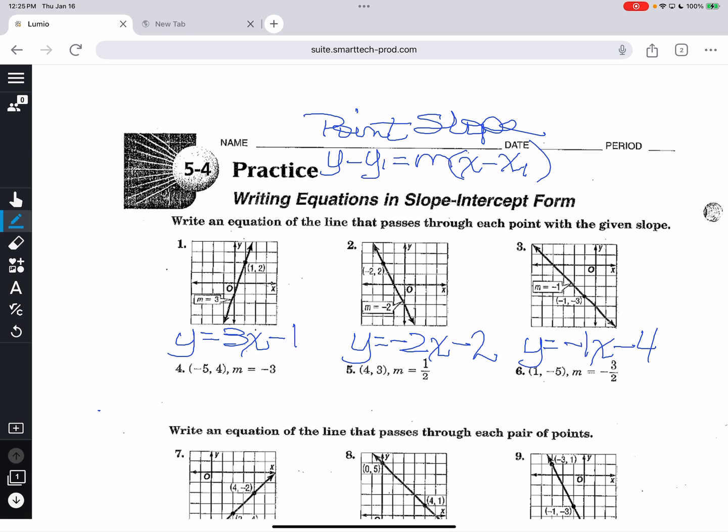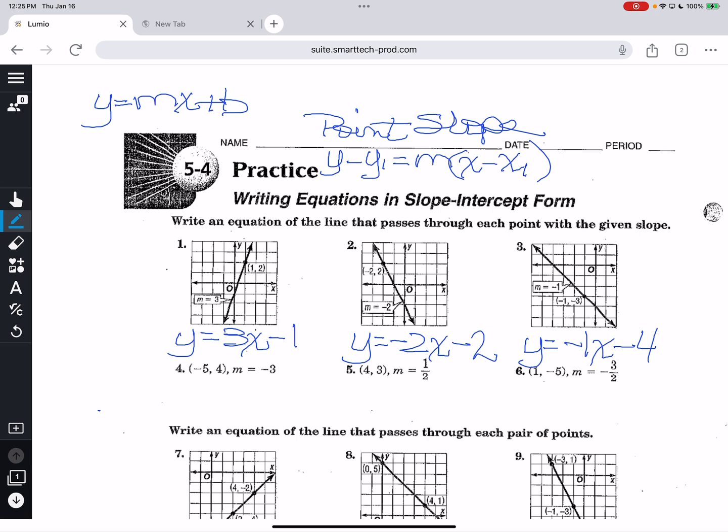The y and the x that do not have a 1 are going to stay y and x. They're going to be the y and x that are eventually like y equals mx plus b. The y without the 1 is that y. That x, you're going to distribute that m to, and it's going to create your mx.